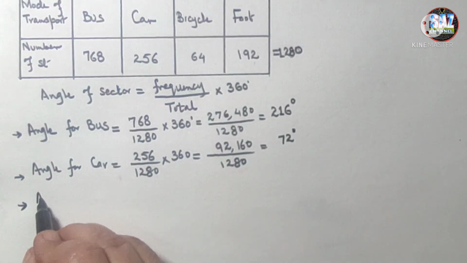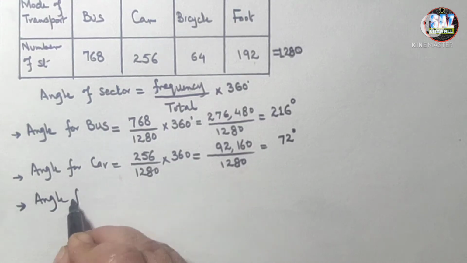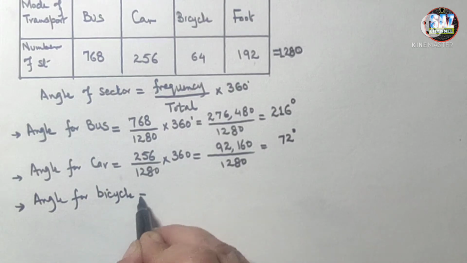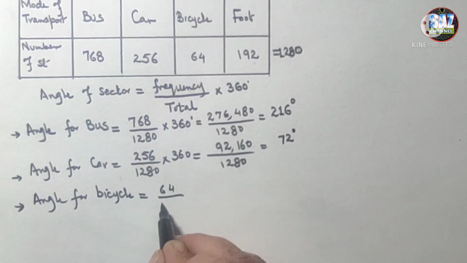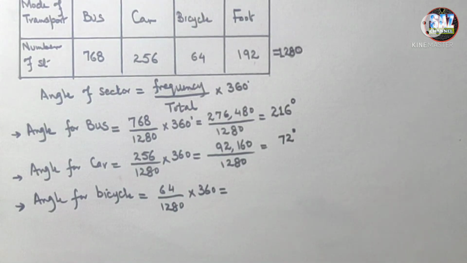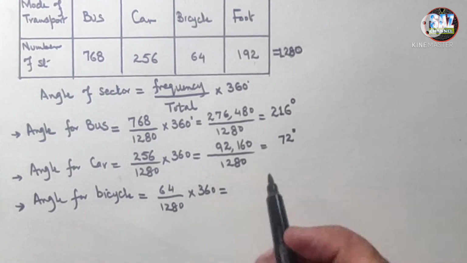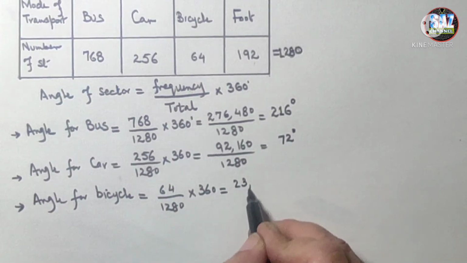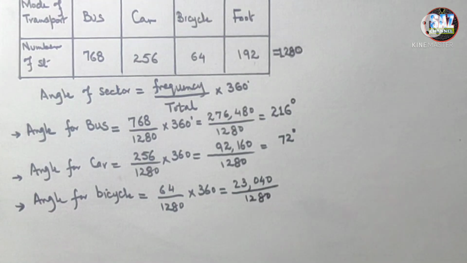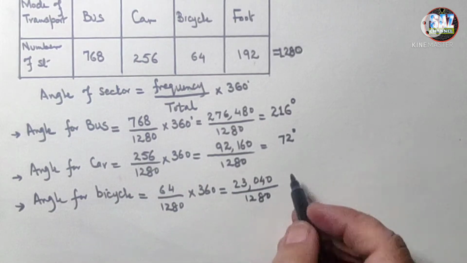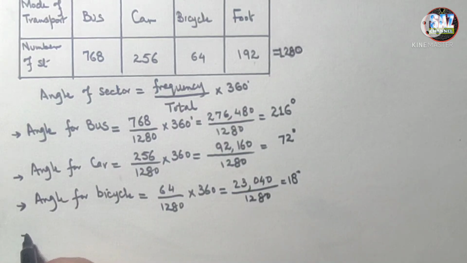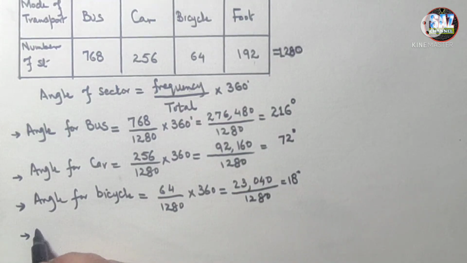Angle for bicycle: 64 upon 1280 multiplied by 360. 64 multiplied by 360 is 23,040, divided by 1280, and this is 18 degrees.